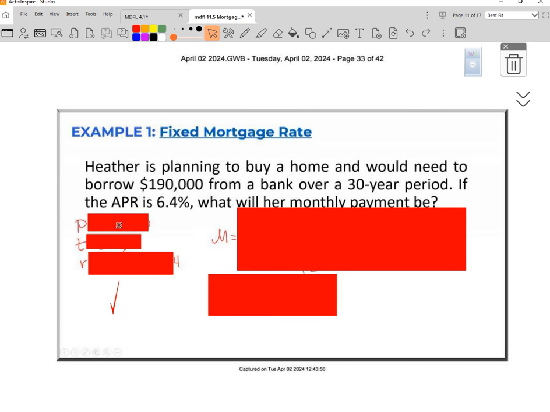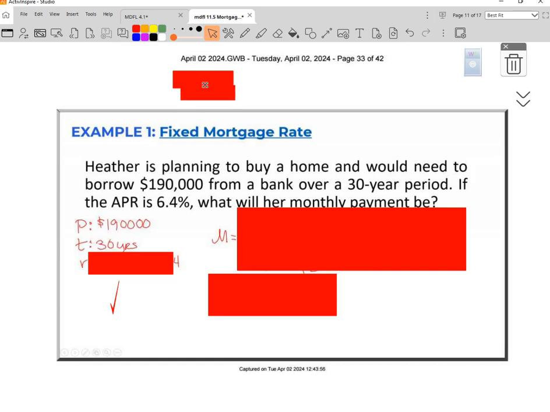But the part that we do know, we know the P. What's the P, Colby? What is P in this problem? Yes, 190,000. What is the T in this problem, Jay? 30 years.